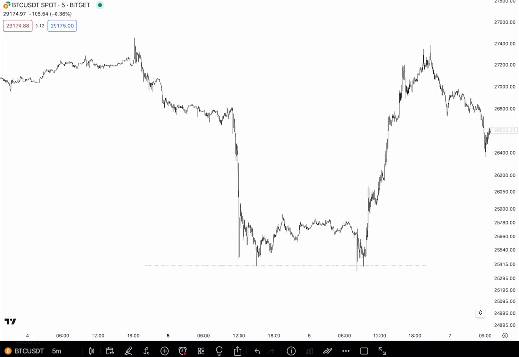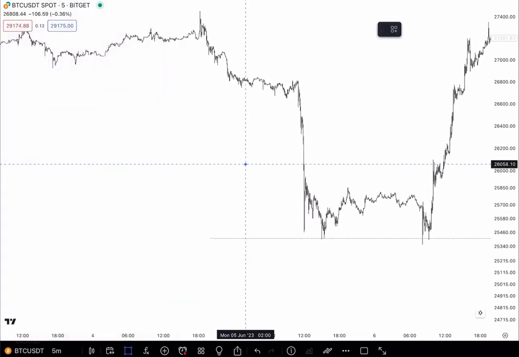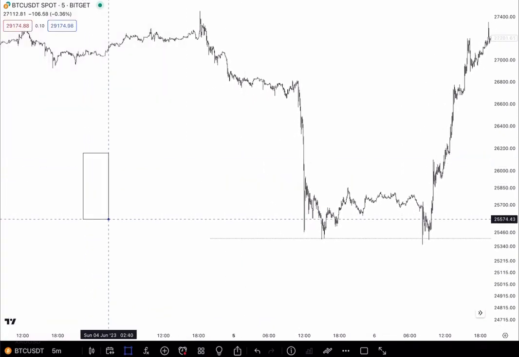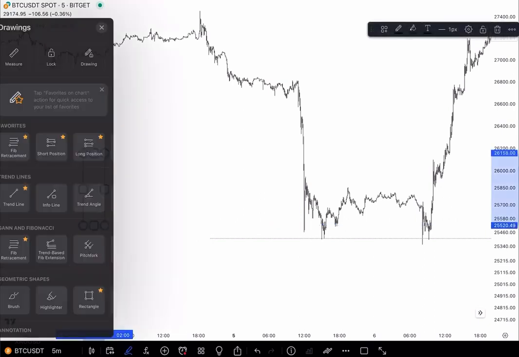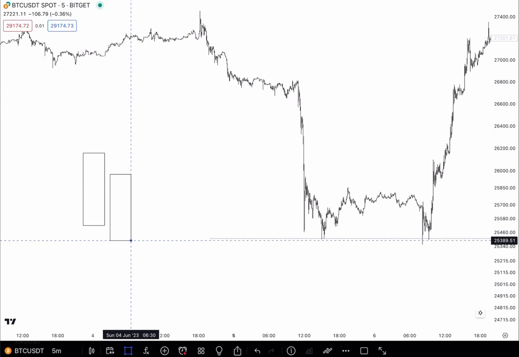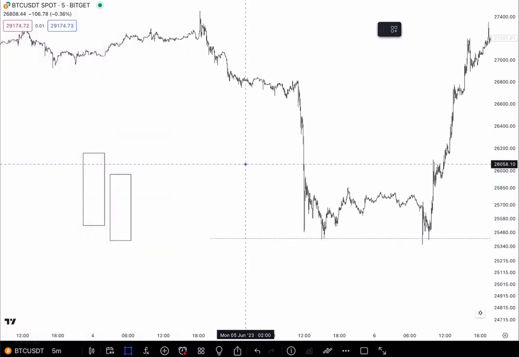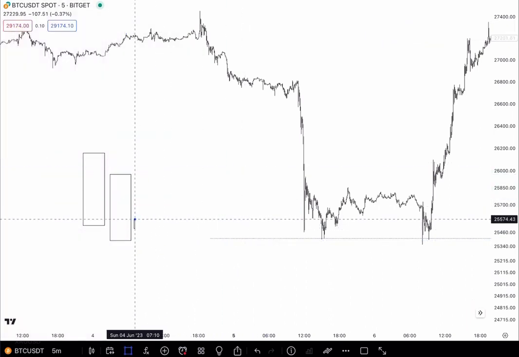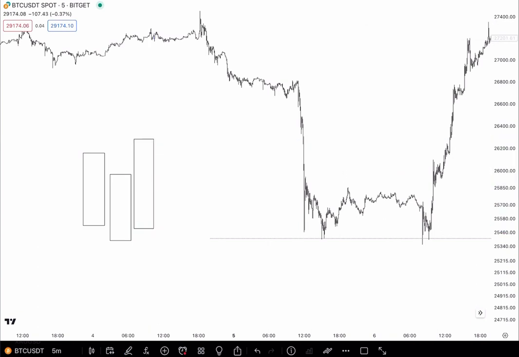Now this model, which I've been discussing for half an hour now, possibly more, which is 1, 2, 3 higher time frame candle, and not just any candles, right?